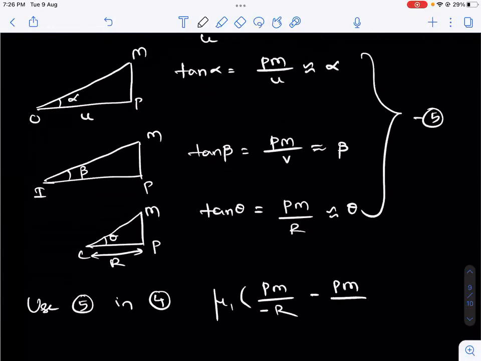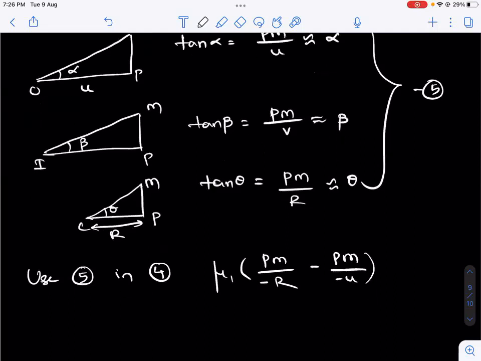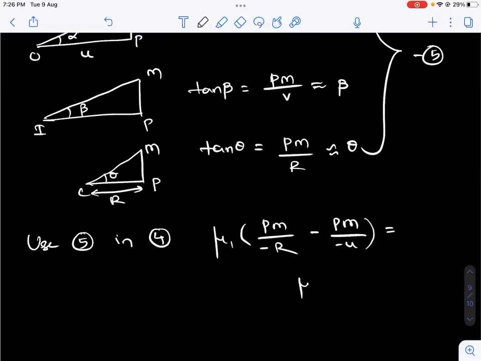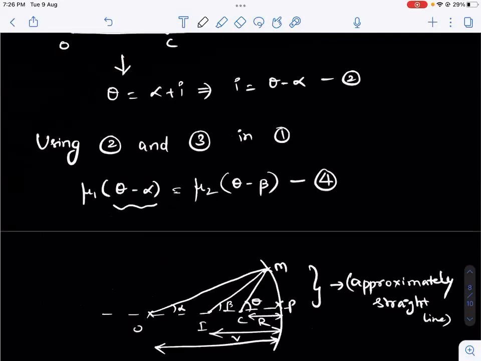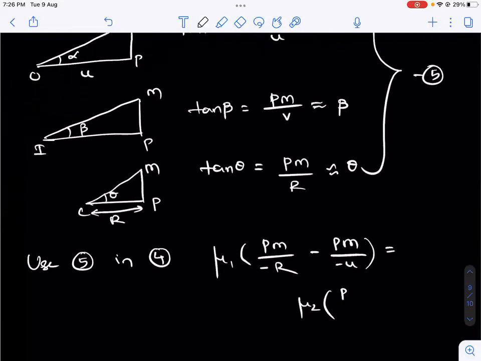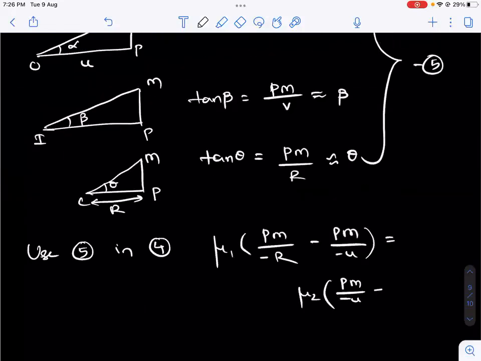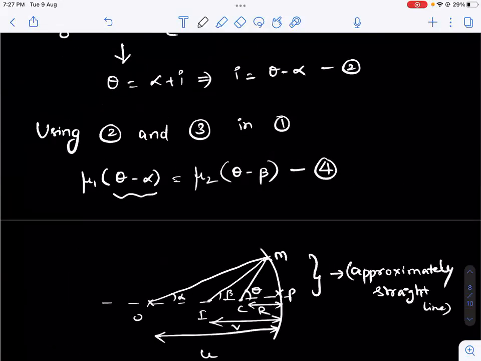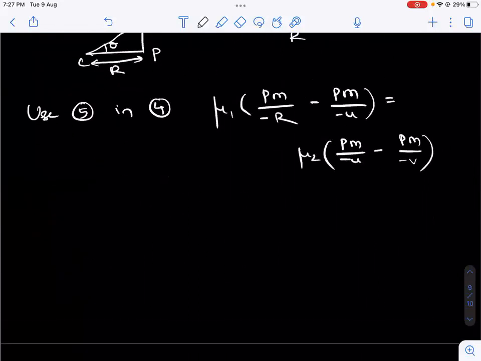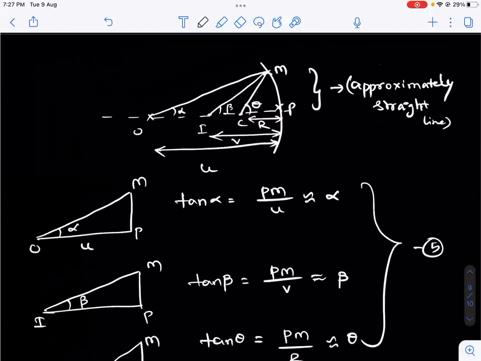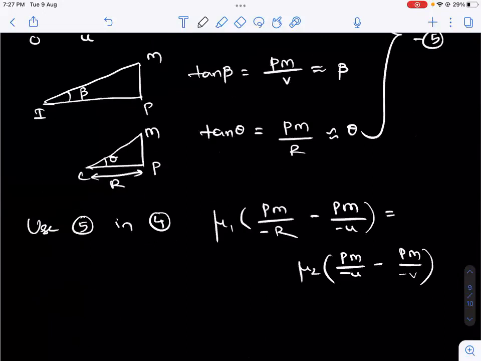PM by minus U, is equal to mu2 into theta minus beta, where beta is PM by minus V.